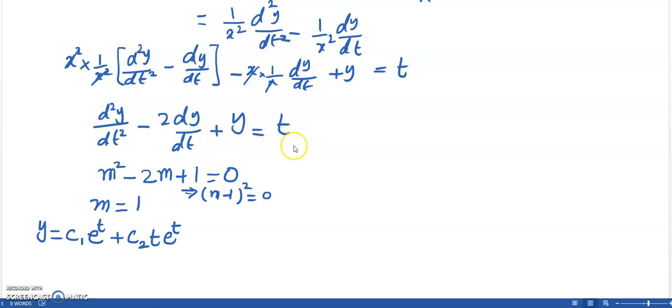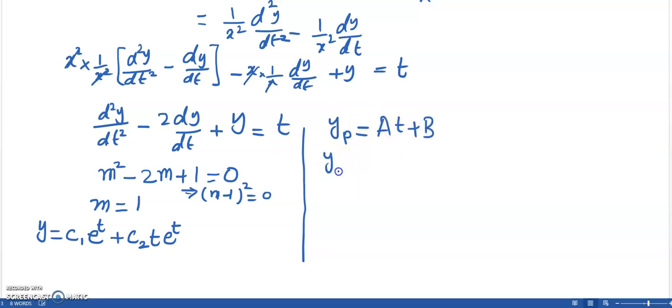For the non-homogeneous part, we need to find the particular solution. Because the right side is t now, we need to assume yp is equal to at plus b.